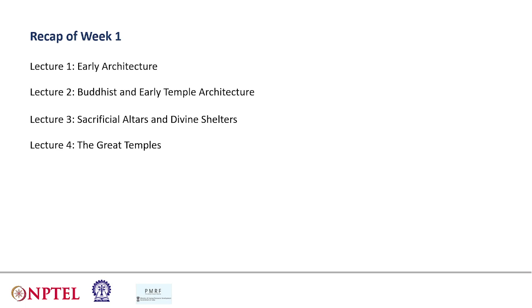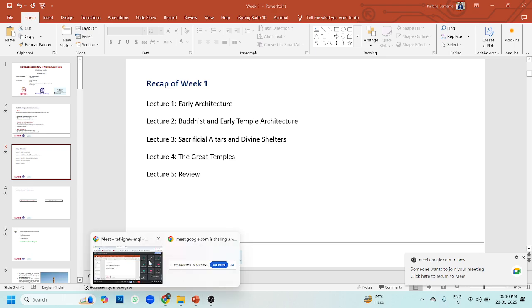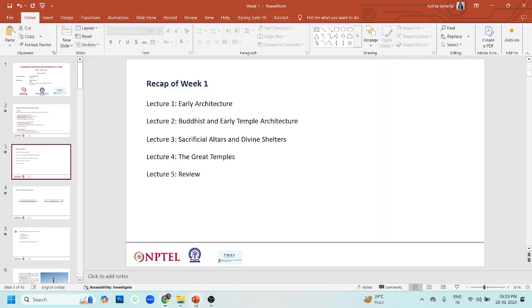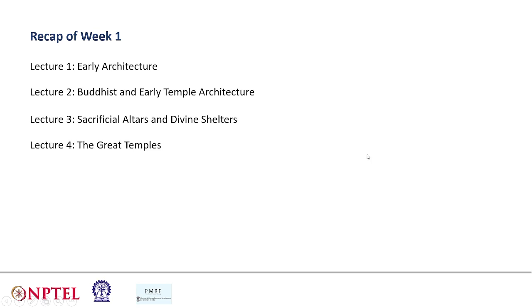Several subcategories under these temple types were discussed in detail, with several examples taken into consideration during the fourth lecture. And the fifth lecture was mostly about reviewing.